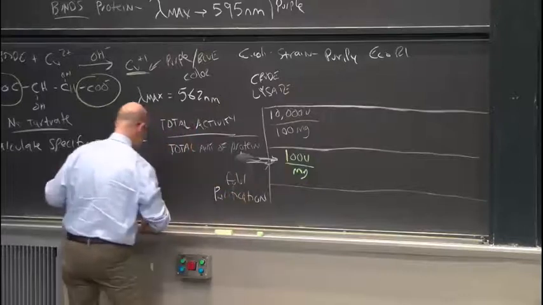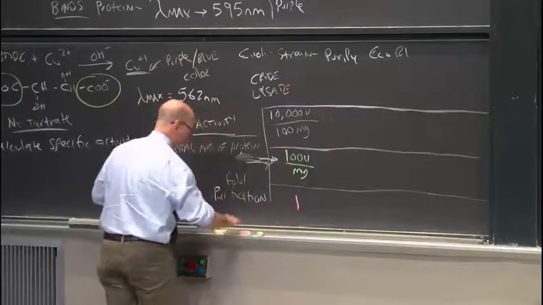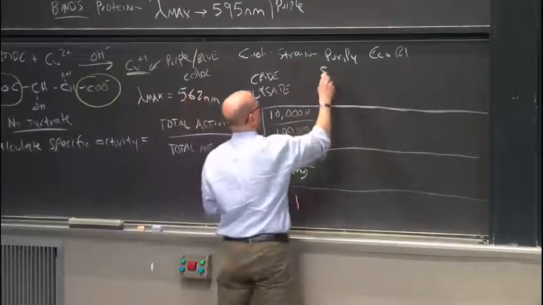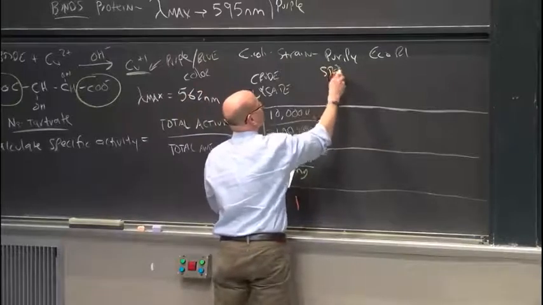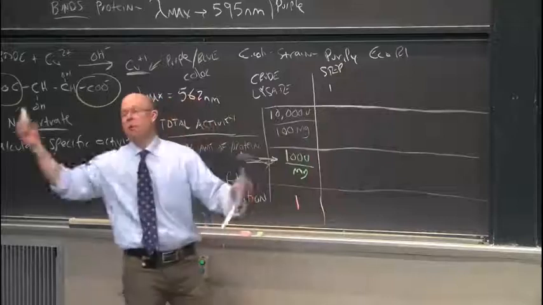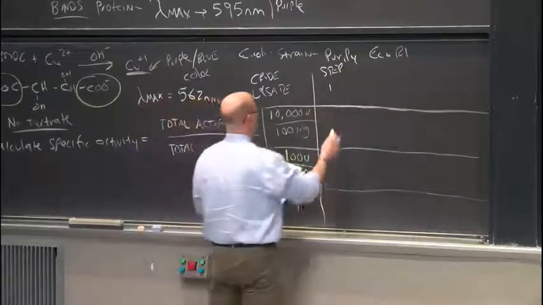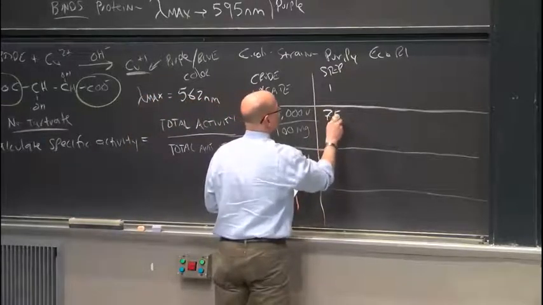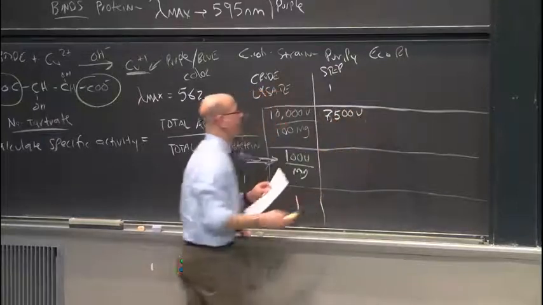The fold purification here is just 1. Okay? Now I do step 1. I do some purification step. This might be ammonium sulfate cut. Okay, and when I do this, I end up with 7,500 units of activity.